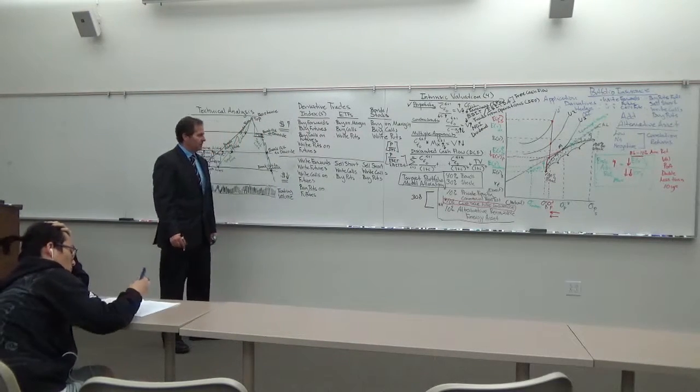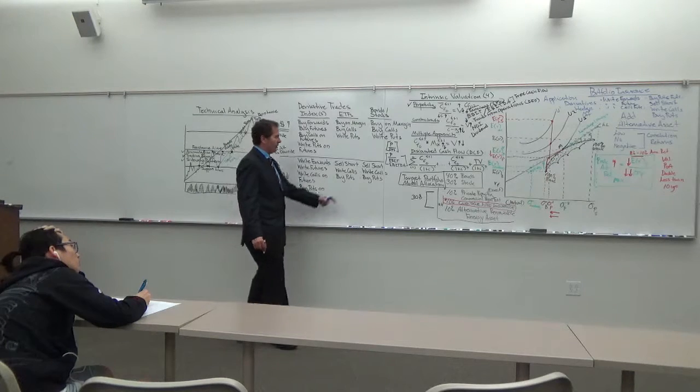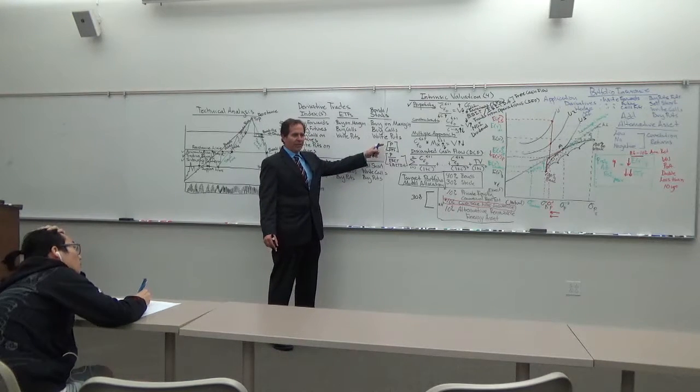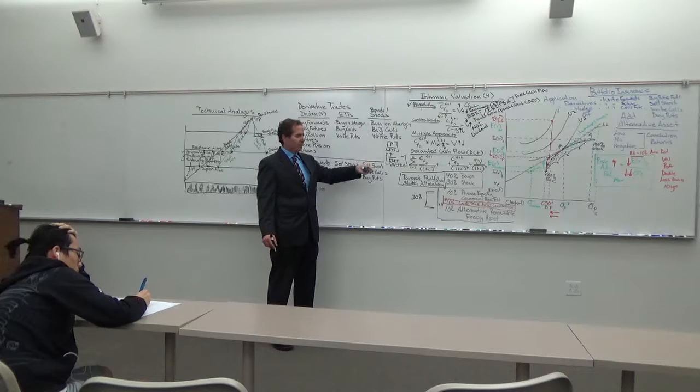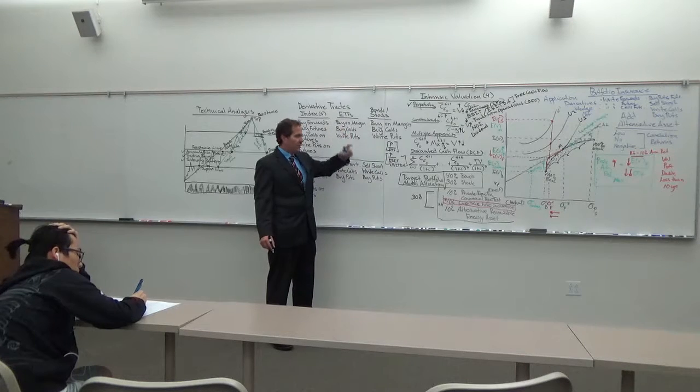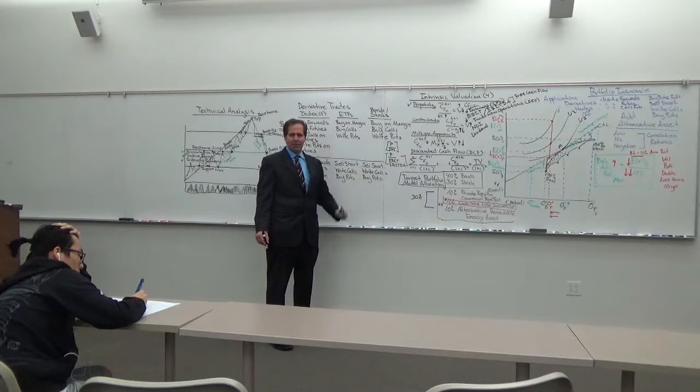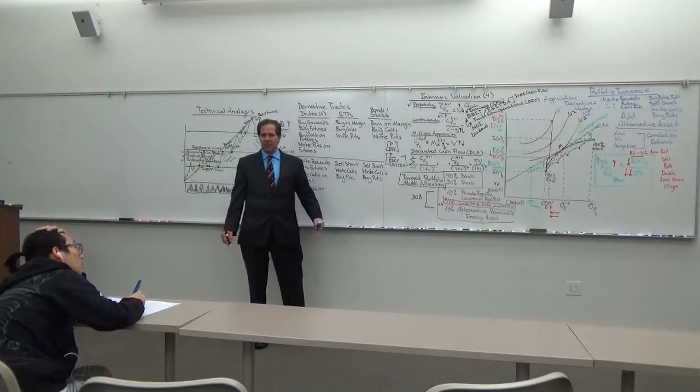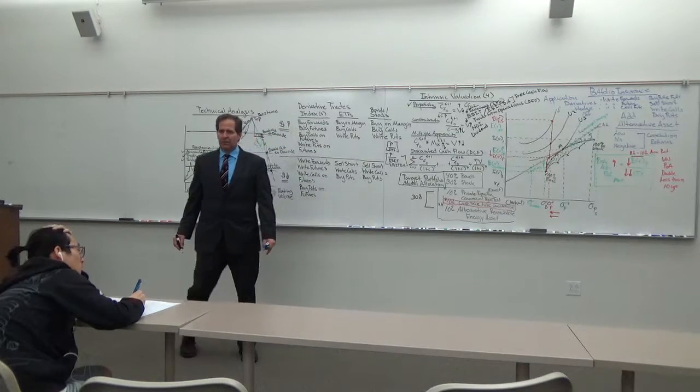I can do that. I could use the value of the company divided by the earnings to get a multiple. I could use the value of the firm divided by the EBIT to get the multiple. I could use the value of the firm divided by total EBITDA to get the multiple to value the firm.